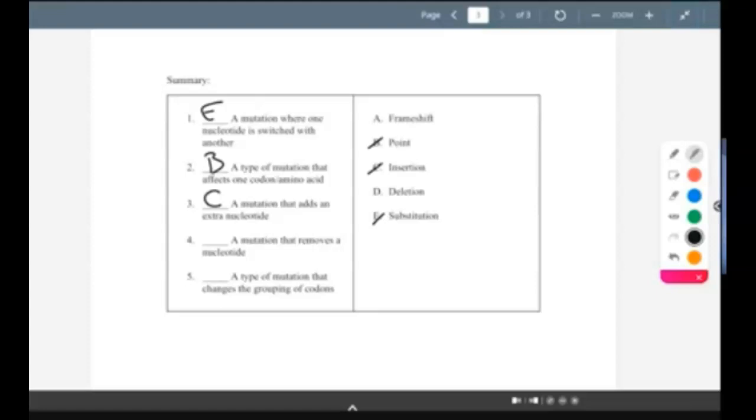Number 4. A mutation that removes a nucleotide. D. You got it. A deletion. If we take away a nucleotide, we're deleting it. And then lastly, Owen, a type of mutation that changes the grouping of codons. A. The frame shift mutation. So if you don't have this, go ahead and change it. No big deal. E, B, C, D, A.